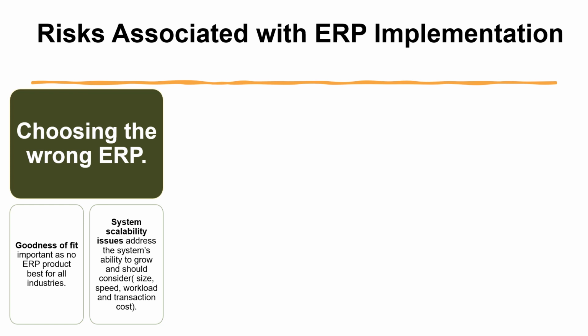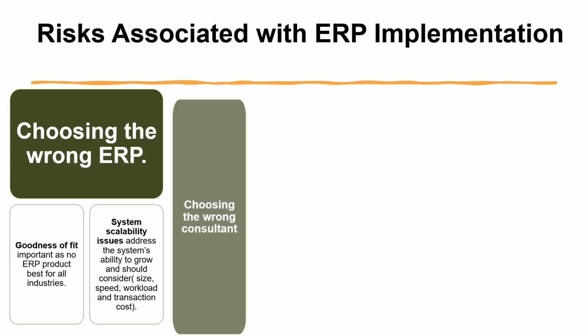Meaning that when you choose an ARB system, you should understand that it can be scalable, extended, and upgraded in terms of size, speed, workload, and transaction cost. Otherwise, if your company or organization grows after some time, 4 or 5 years, then you need to change the system as a whole, not just upgrade it.